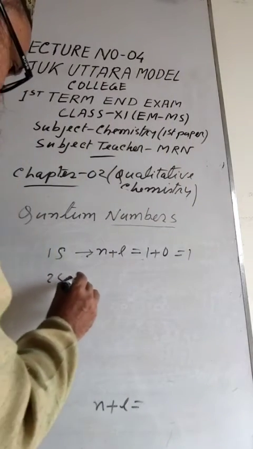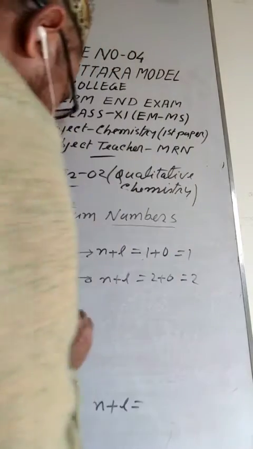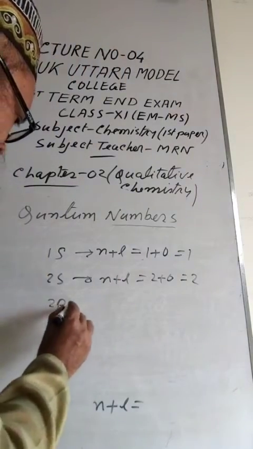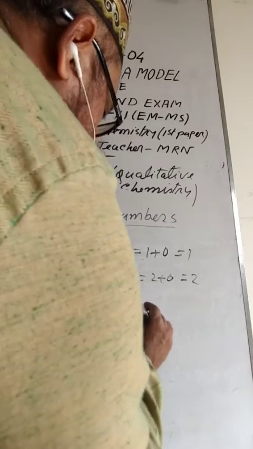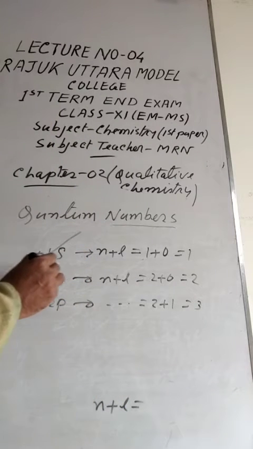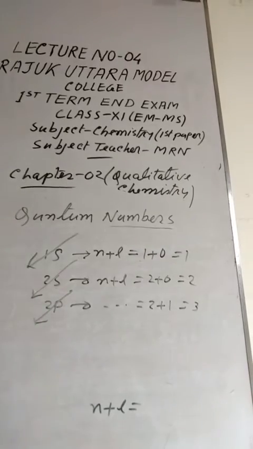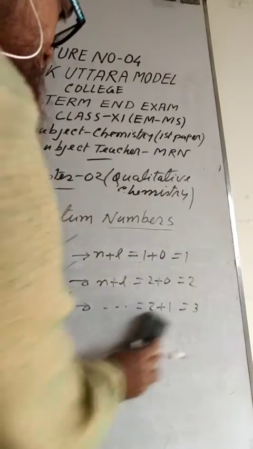For 2s, n plus l is 2 plus 0, so 2. For 2p, n plus l is 2 plus 1, so 3. For that reason the electron goes to 1s, then 2s, then 2p, according to the Aufbau principle.